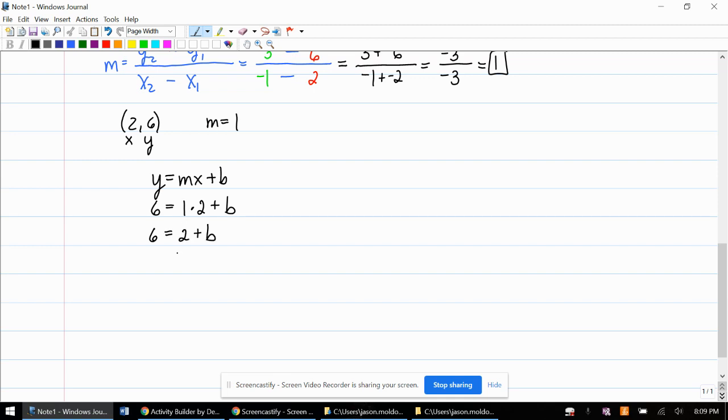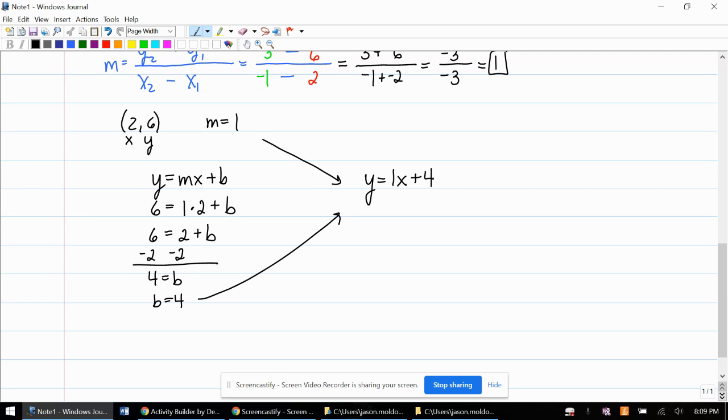And to move the 2 to the other side, we will subtract it. And we have b is 4. And then we're going to take m and b, and together we're going to get an answer that is y equals 1x plus 4.